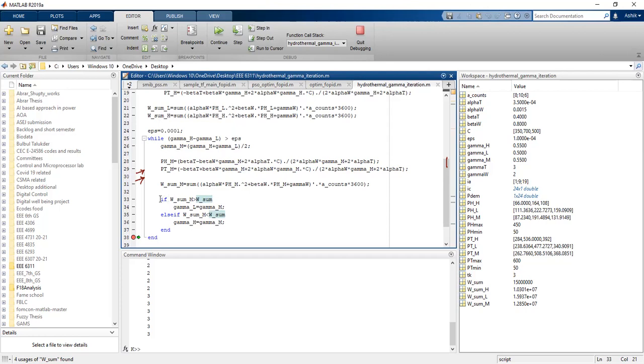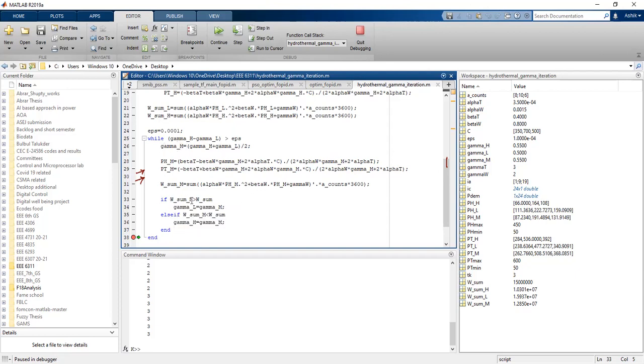So now this is the condition. What is W sum M? W sum M is the water required with gamma M, that is the averaged gamma calculated at the start of the iteration.